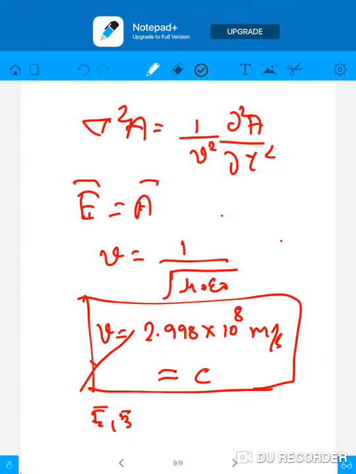Okay, sorry for the disturbance. So he articulated that electric field and magnetic field both vibrate in the direction perpendicular to the propagation of this wave. Then the theory got a stamp that light is an electromagnetic wave in which electric field and magnetic field vibrate perpendicular to the direction of motion, and the velocity of light comes out to be this.